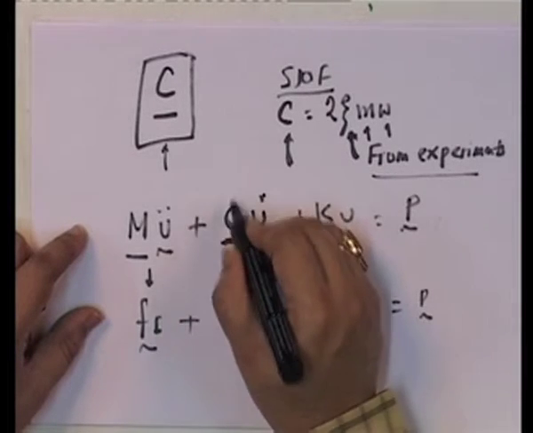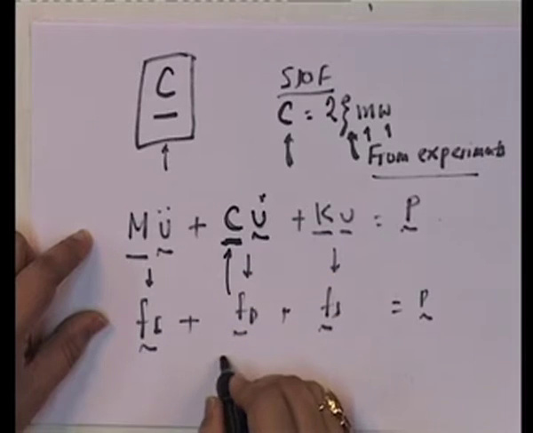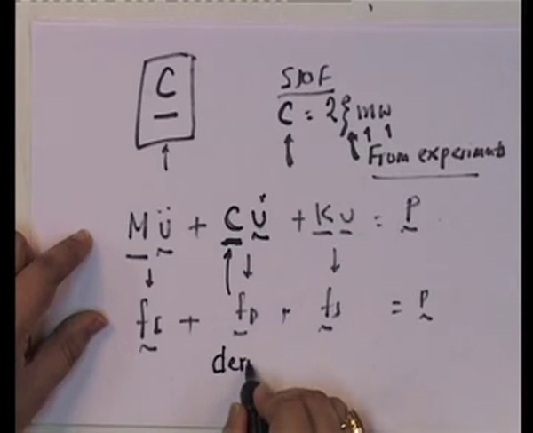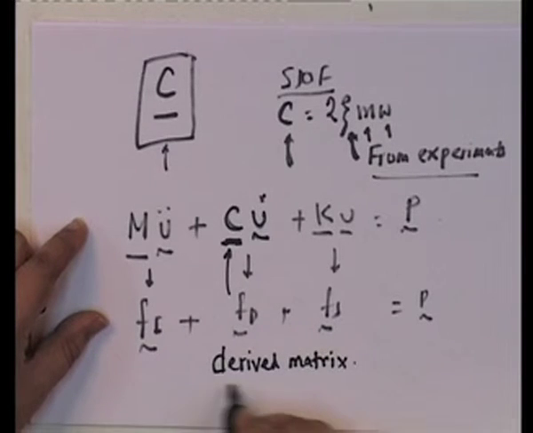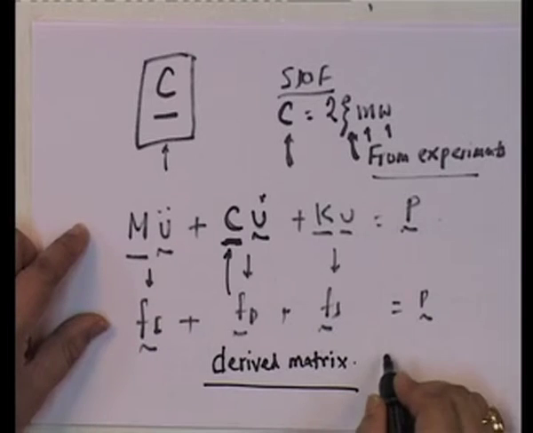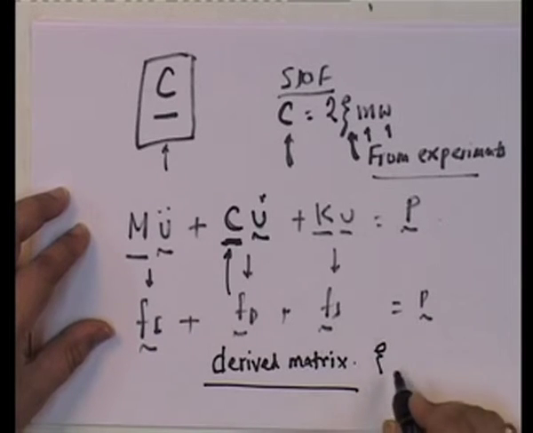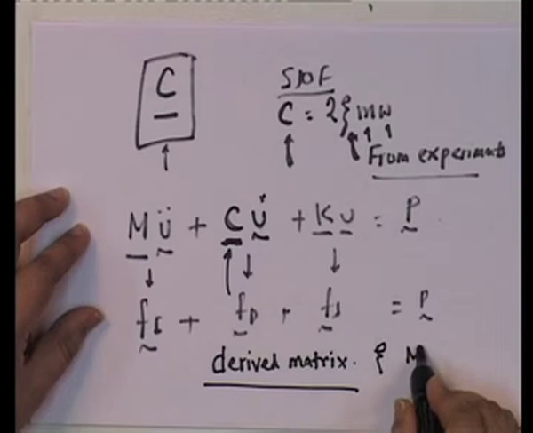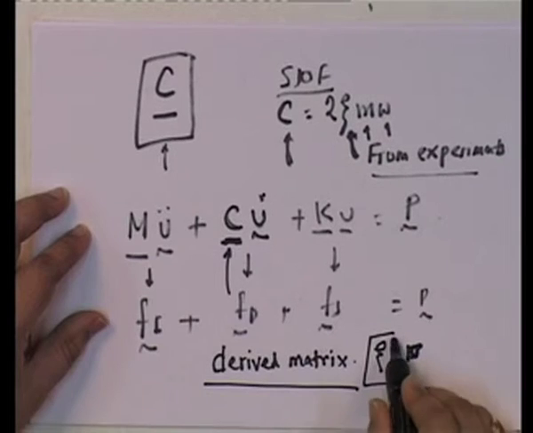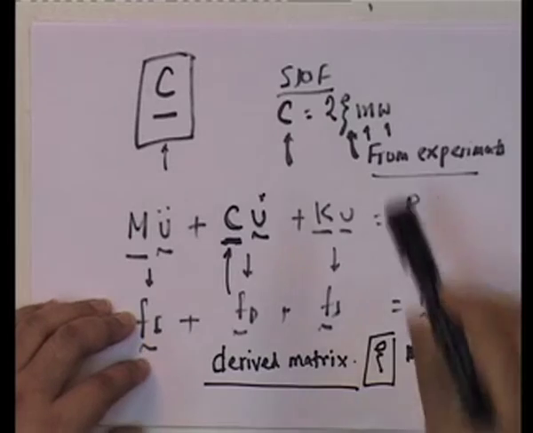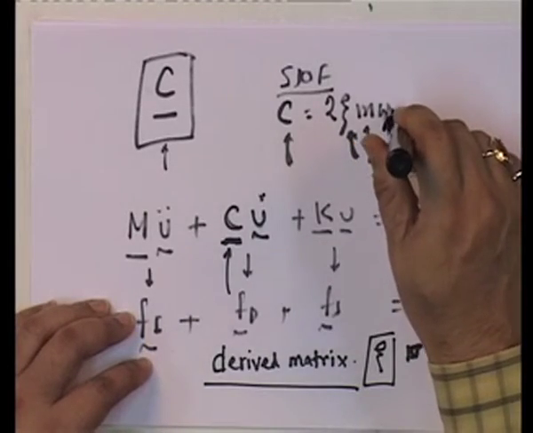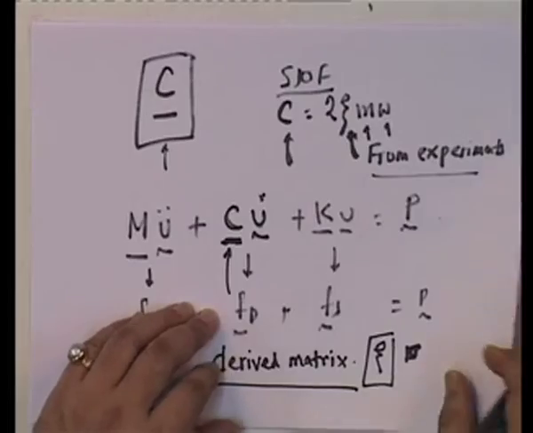In here, C is again a derived quantity. What is it derived from? Xi. It basically comes from xi. Now, the question here is the following: there was only one natural frequency and therefore only one xi. In this particular case, what do we have?